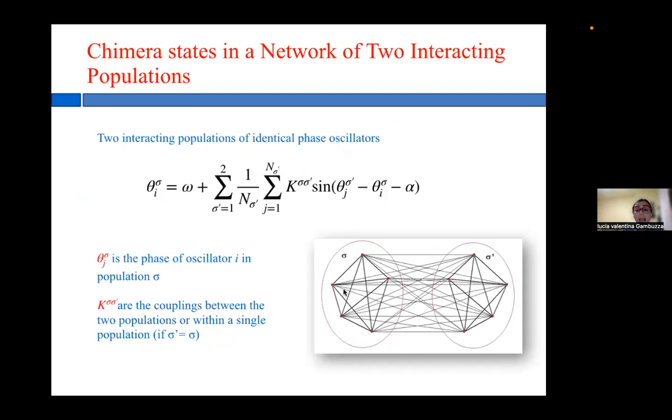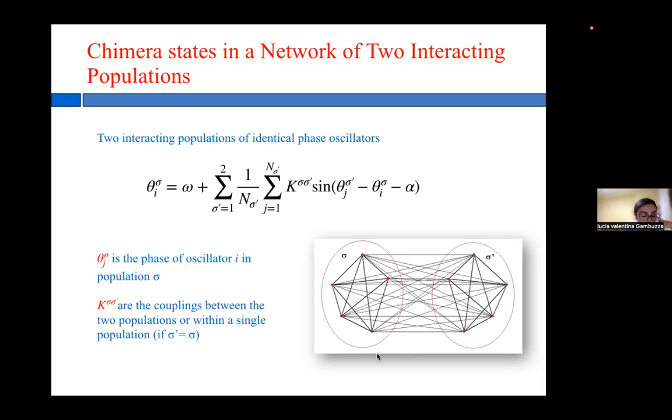This is another setting useful for the onset of chimera states, and in particular this corresponds to the one we will use later. This corresponds to the paper of 2008 by Abrams and Strogatz, in which they consider two populations with the same number of nodes in each population.